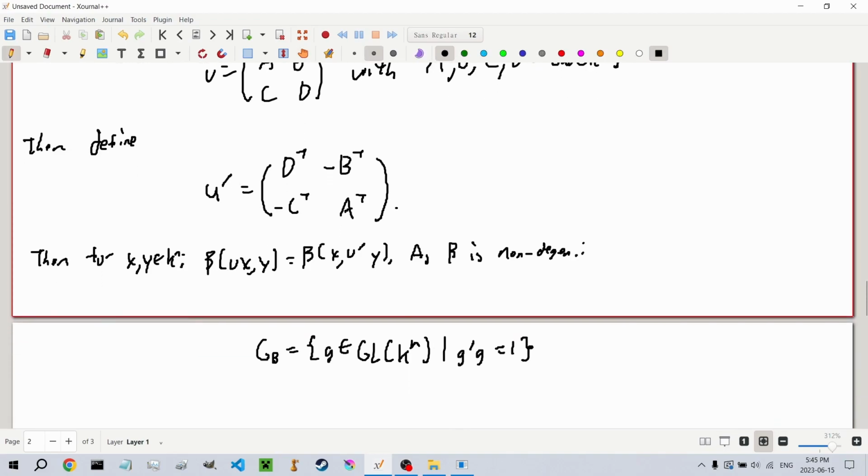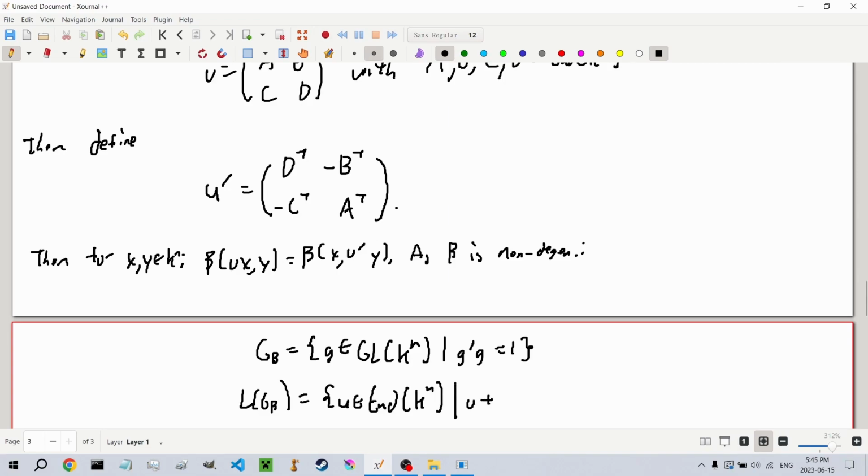And for the algebra, in GL, these are endomorphisms. Should write them as u, where u prime plus u is 0.